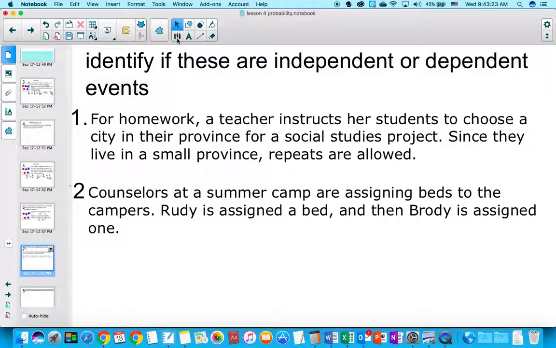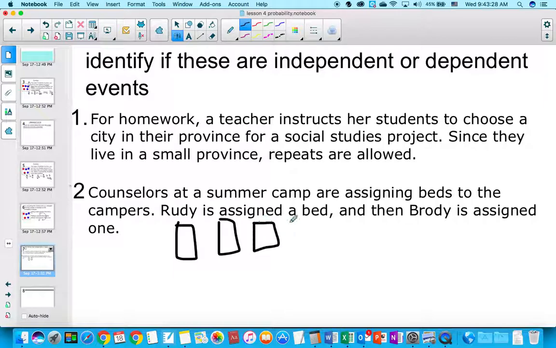So if there were 4 beds in total, Rudy's going to get a bed. He gets assigned that bed. Before, he could have been assigned any one of these 4 beds, so he had a 1 in 4 chance of getting any one bed. But now Brody is assigned a bed.